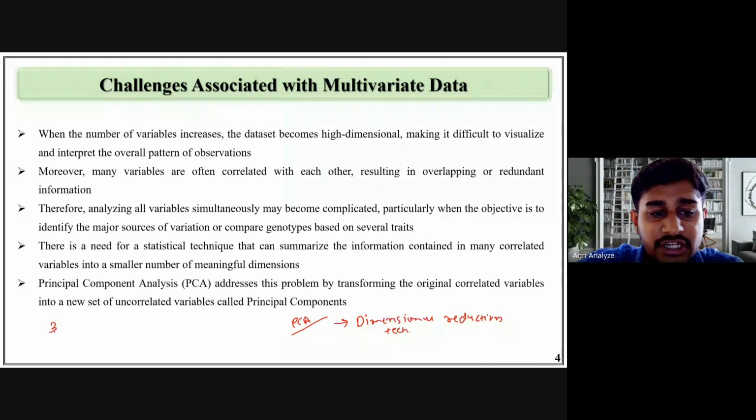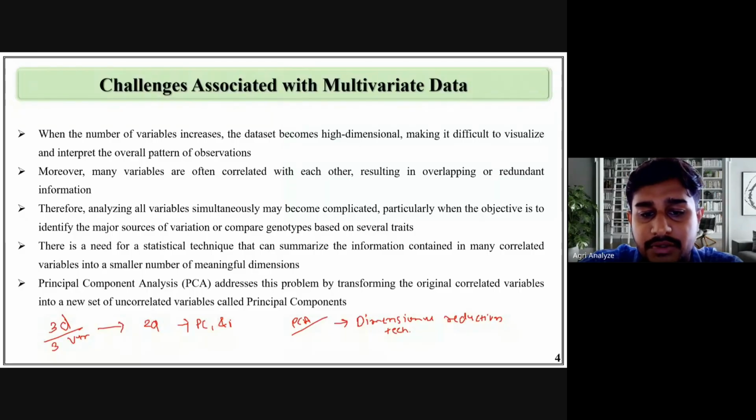If we have 3D data, it means if we have 3 variables, PCA transforms it into 2D by using PC1 and PC2. Okay. So if we have data like this, X, Y, Z, it is transformed into only 2 axes, PC1 and PC2.